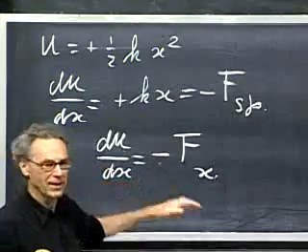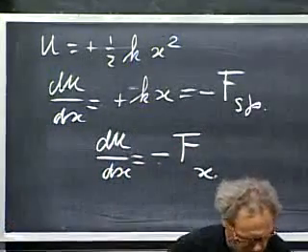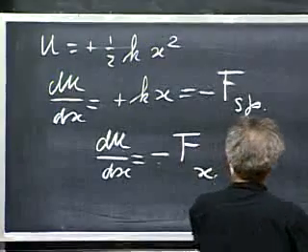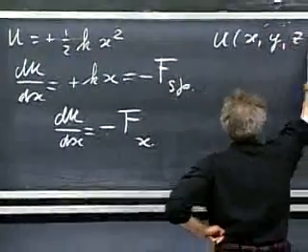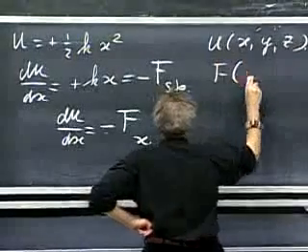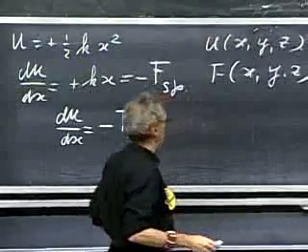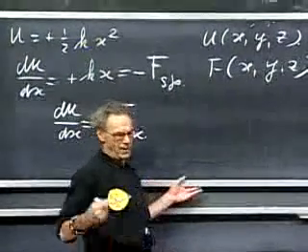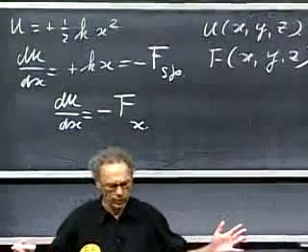That is what the minus sign is telling you. It's staring you in the face, what I have been telling you for the past 5 minutes. If we have a three-dimensional situation where we know the potential energy as a function of x, y, and z, then we can go back and find the forces as a function of x, y, and z. Doesn't matter whether these are springs, or gravity, or electric forces, or nuclear forces.